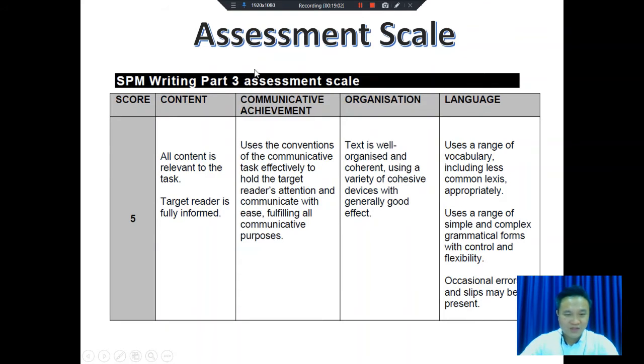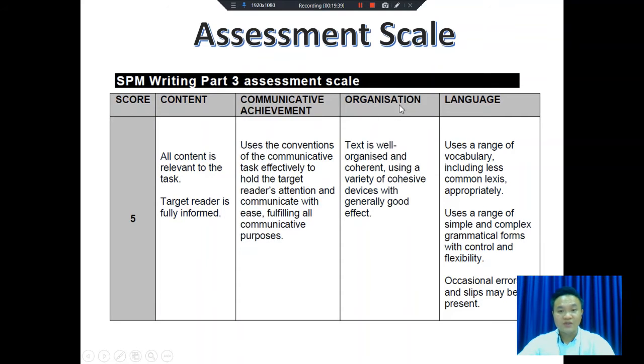If you can see from this PowerPoint slide, it uses the conventions of the communicative task effectively to hold the target reader's attention. Like I said, you have to write very interesting essays so that you can hold the reader's attention and communicate with ease, fulfilling all communicative purposes. Basically, when you write this essay, do you have to write it in a formal or informal manner? These are the things that you have to consider when you write your narrative writing.